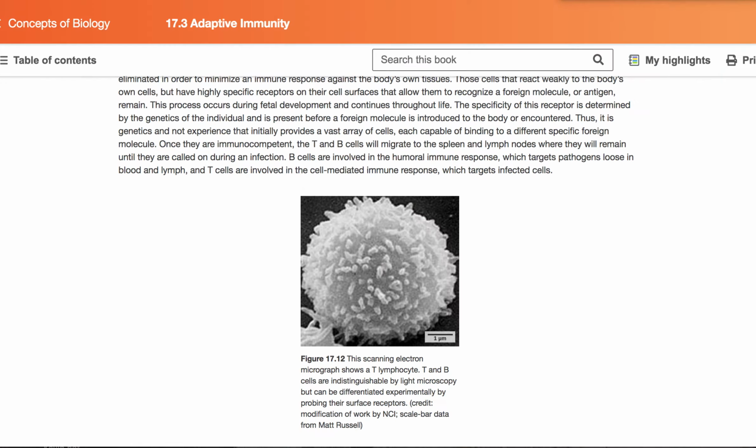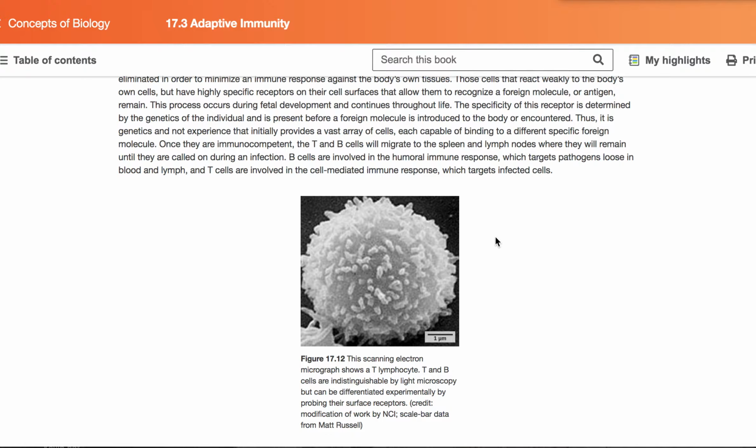So they have very specific receptors. I want to go back to the book's picture here. They have very specific receptors on the outside of them, and that helps them to recognize the foreign molecules that are there.